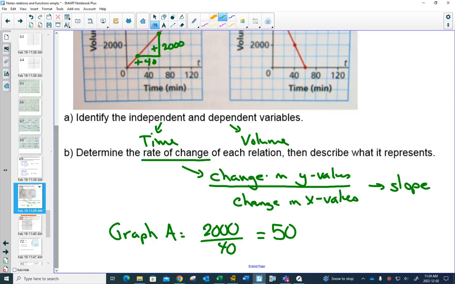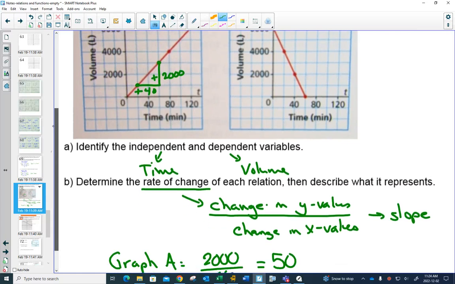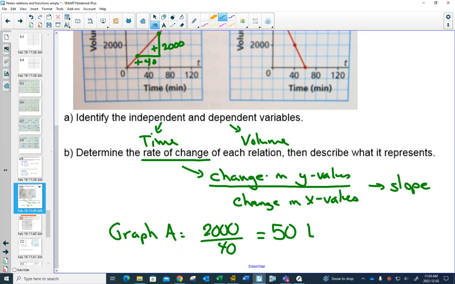The y values are our volume, and what is the volume measured in this one? Liters. The x values are time in minutes. So right now, you are filling 50 liters per minute. Is that a lot?